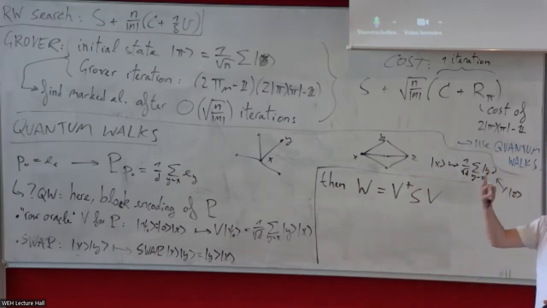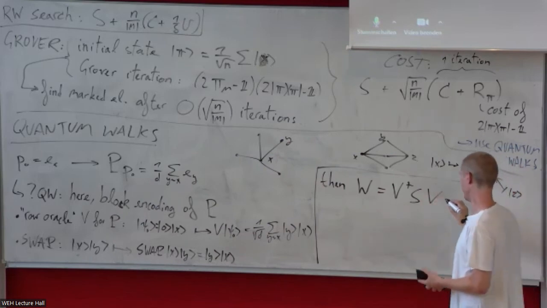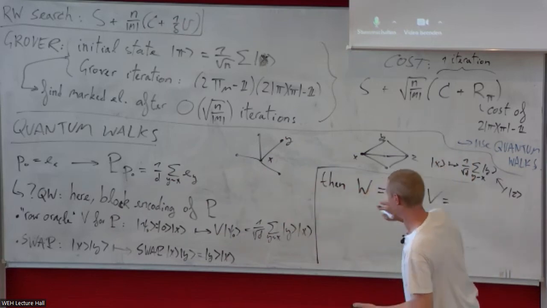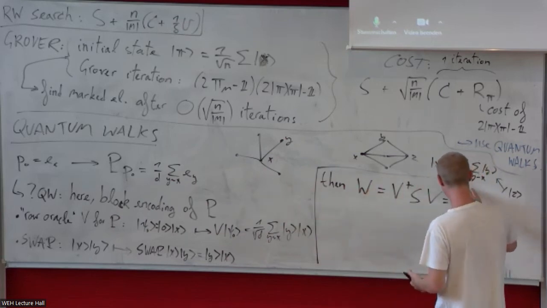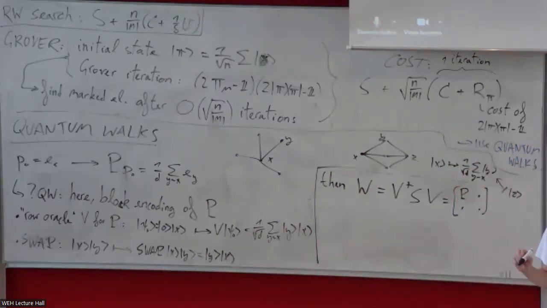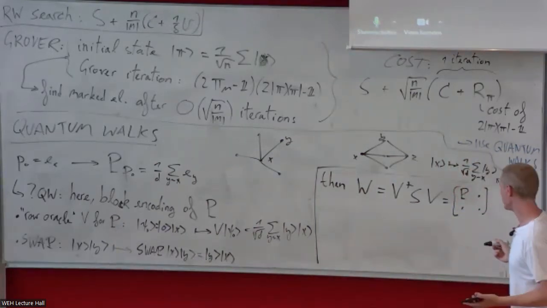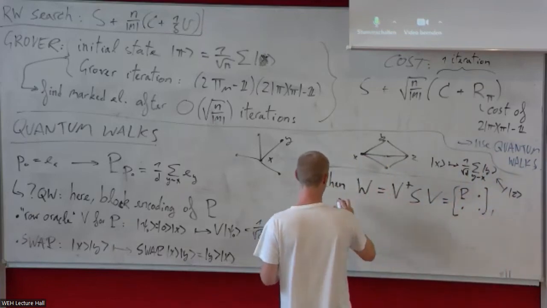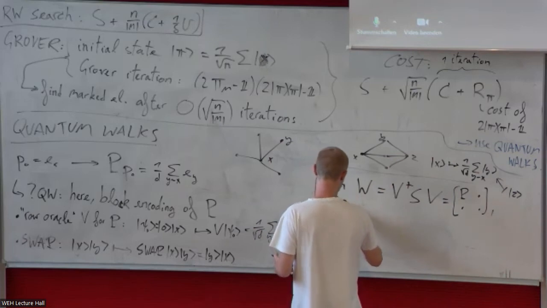Now, the first thing that we gain with block encoding is that this is exactly how you construct the block encoding, right? So, and this was in the exercises, this works for essentially any matrix. You can see that this will be a block encoding of P, okay? Not only is it a block encoding, it's also a good block encoding, because if we apply this operator twice, what do we get?